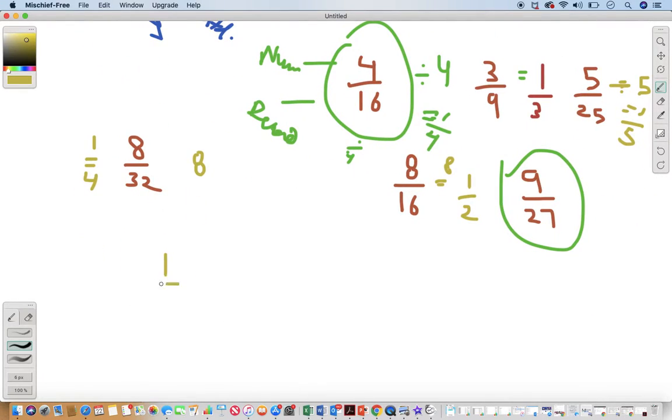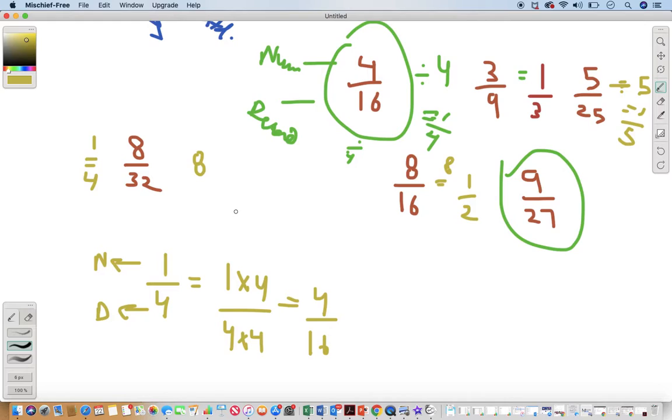Let's say 1 by 4. If I multiply both numerator and denominator by an equal number, 4, my fraction will be 1 by 4 equals 4 by 16.